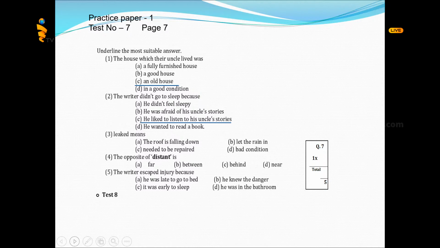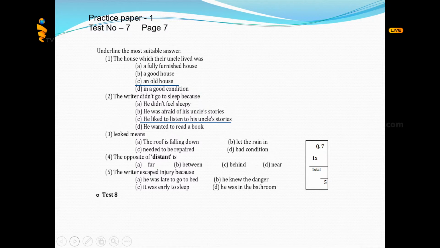Question number 3, leaked means: the roof is falling down, needed to be repaired, let the rain in, bad condition. As I have said earlier, you don't directly get the answers in this comprehension paragraph, but indirectly it has been stated. Now go through these lines. It sounds as if the roof had fallen in.